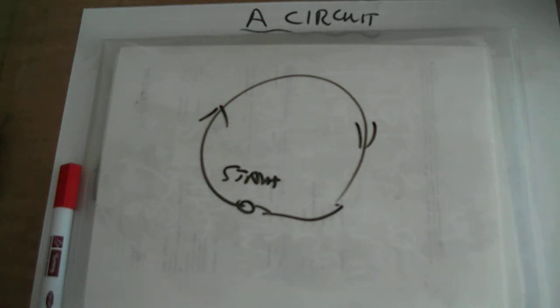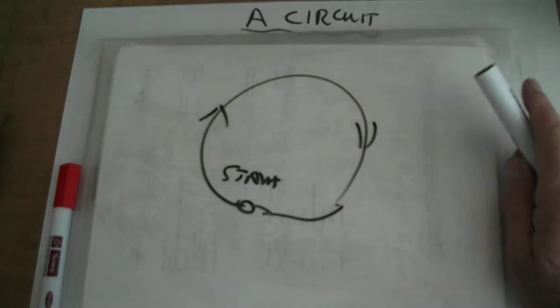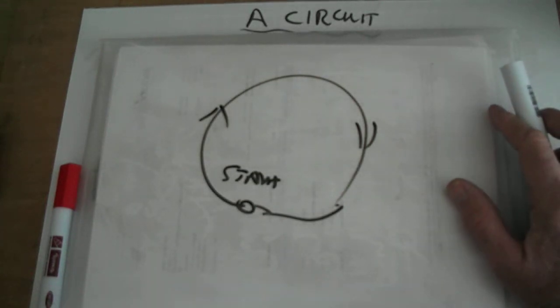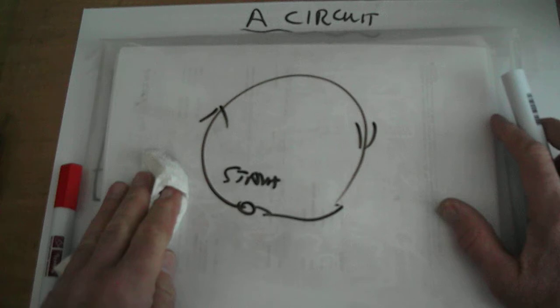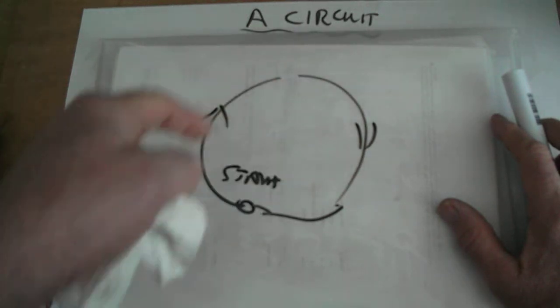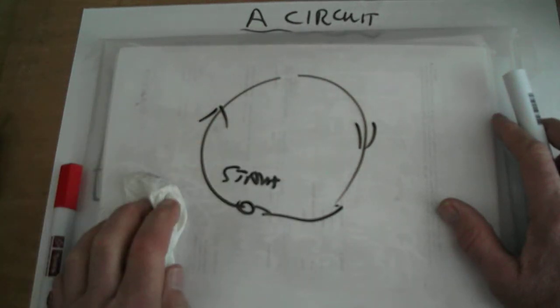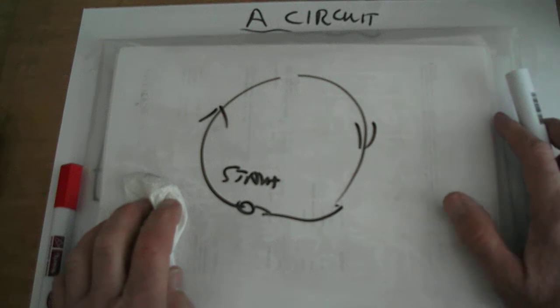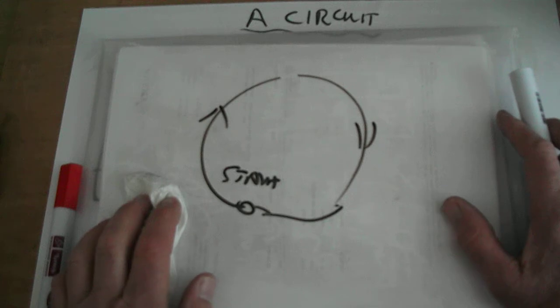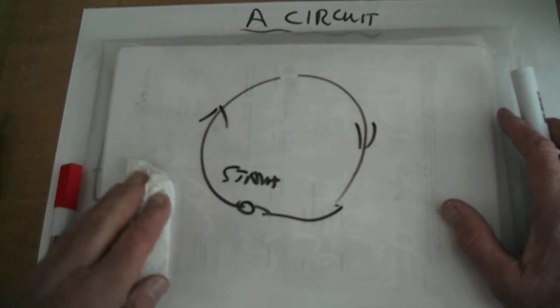We have to have a complete circuit in order for something to actually happen. If the circuit becomes open, nothing happens. In other words, no lights come on, no transformers work, no switches work, no switchgear work, no solenoids work, nothing works basically if the circuit is open.